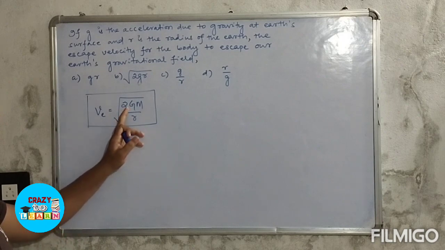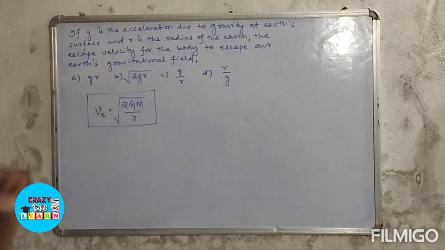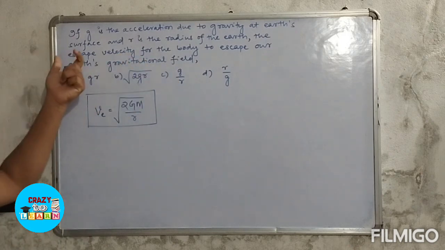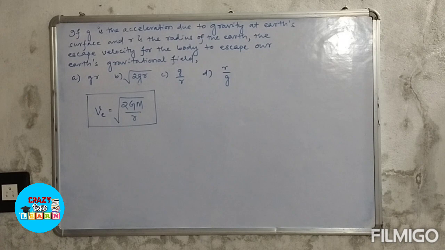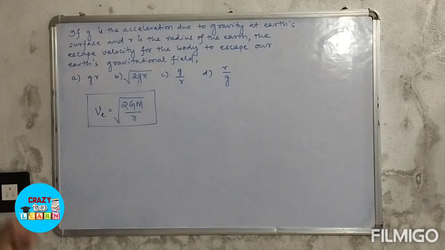Where the capital G is the universal gravitational constant, m is the mass of the planet, r is the radius. But here in this question it is asked to you to find the escape velocity using the acceleration due to gravity factor.